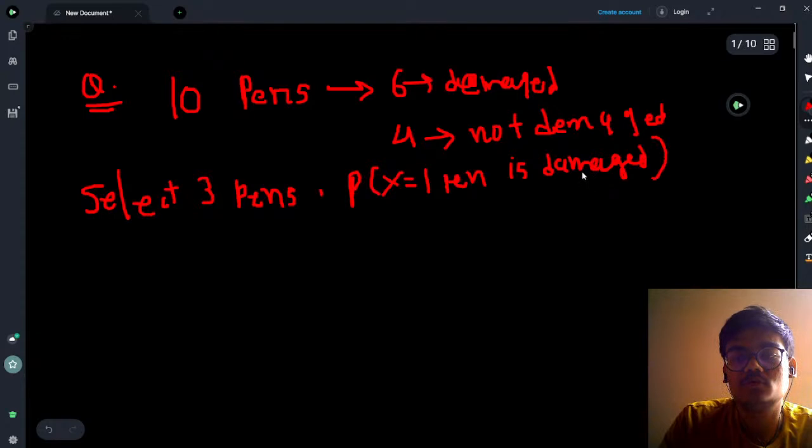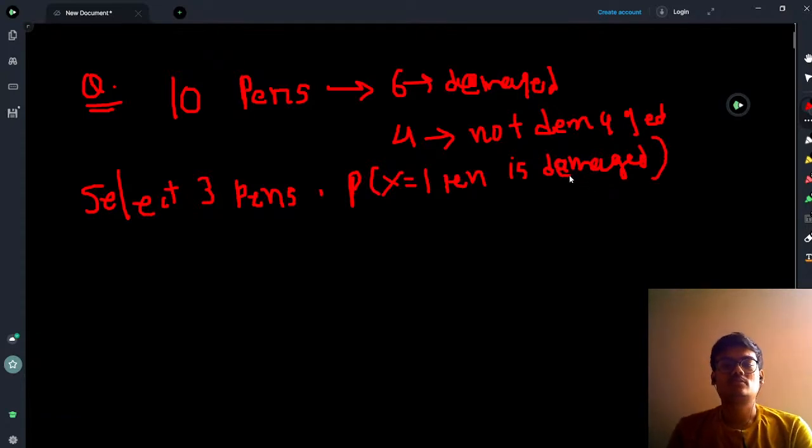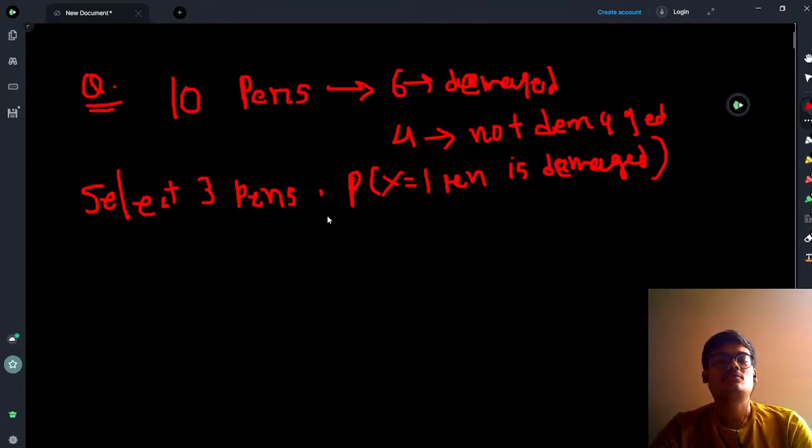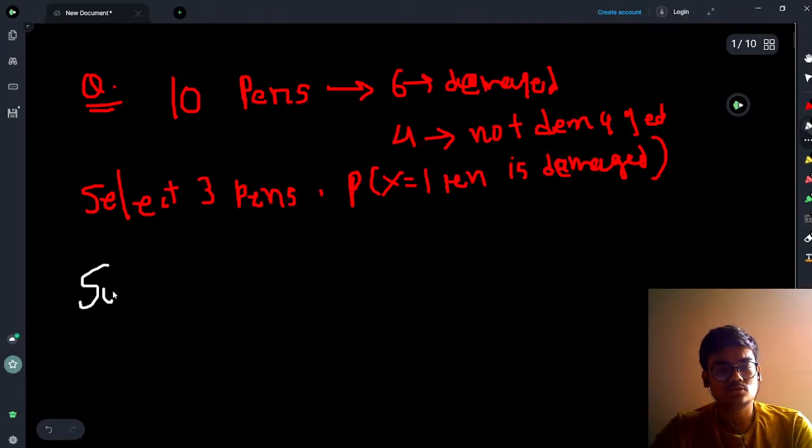Now how are you going to solve this question? You don't know. Why don't you know? The previous lecture was binomial distribution. So let's check whether it satisfies the properties of the binomial distribution so that we can directly solve it.